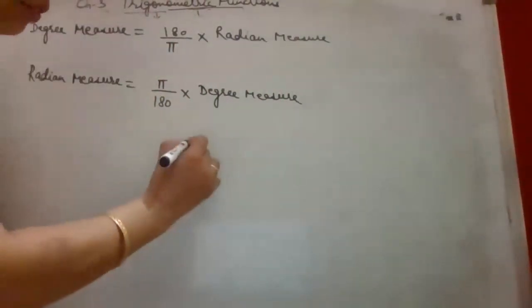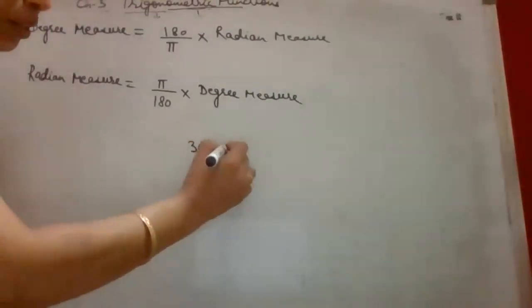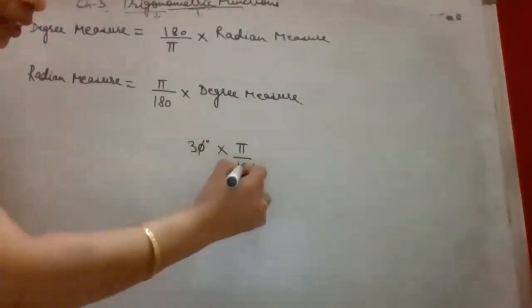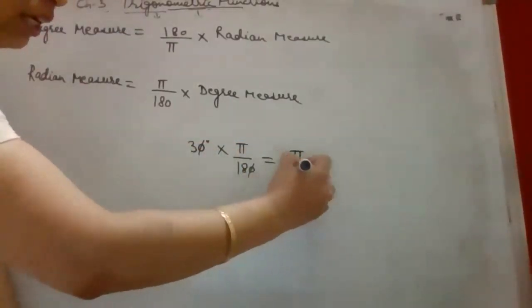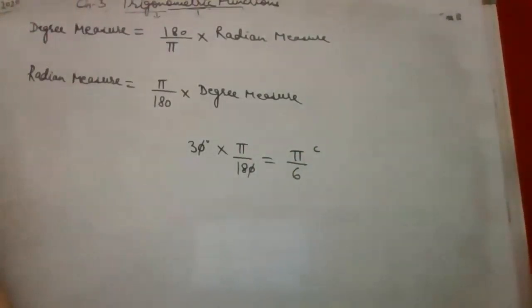Suppose I have 30 degree and I want to convert it to radian. Let us multiply it by pi by 180 degree and simplify this. We get the angle in radians as pi by 6. Radian we denote like this.